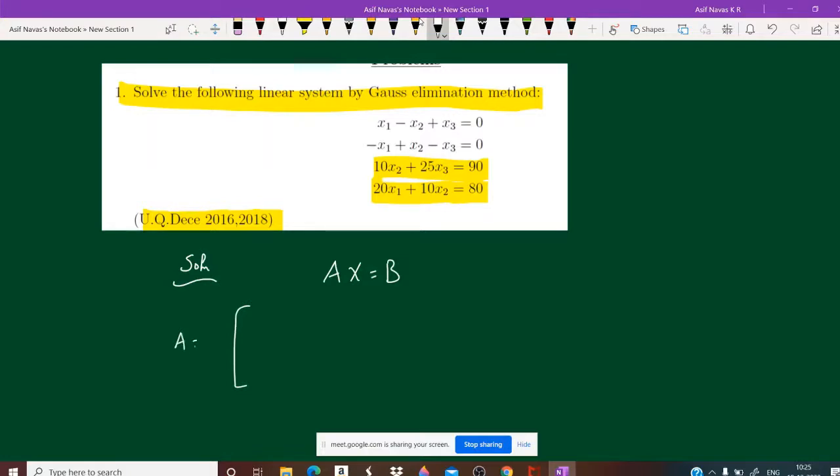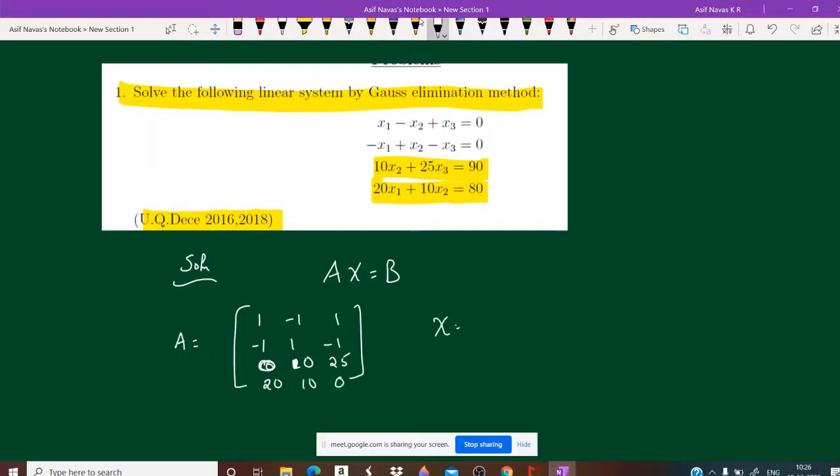Tell me what is A. A matrix: 1, minus 1, 1; minus 1, 1, minus 1; 0, 10, 25; 20, 10, 0. Okay, so this is A.